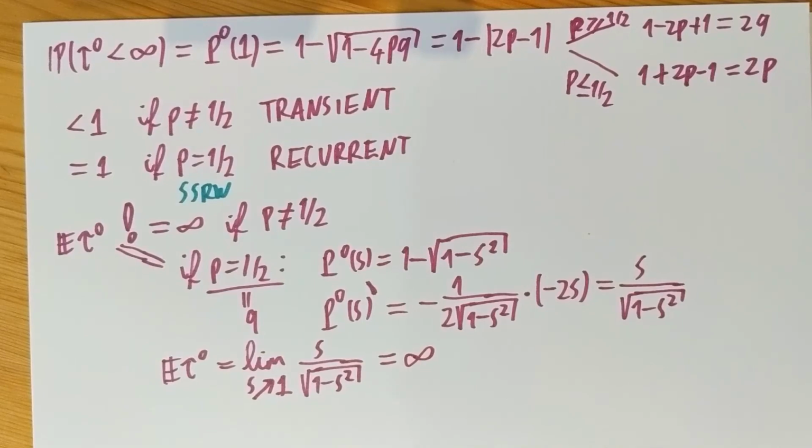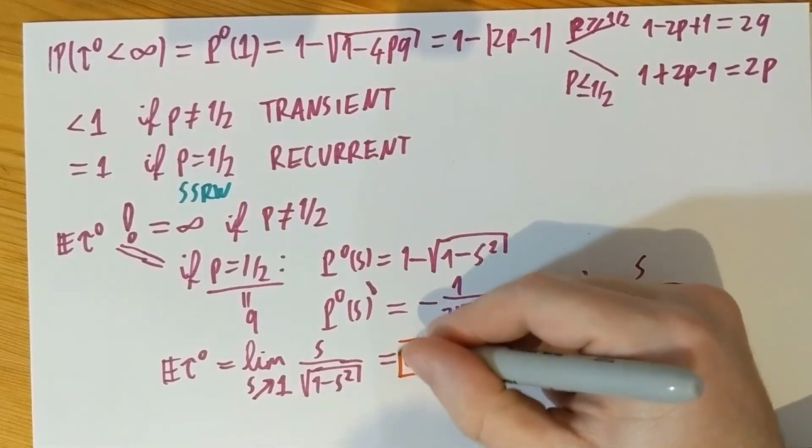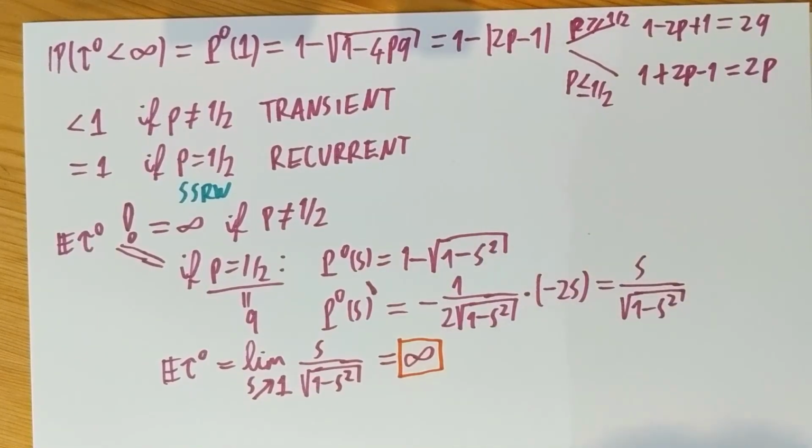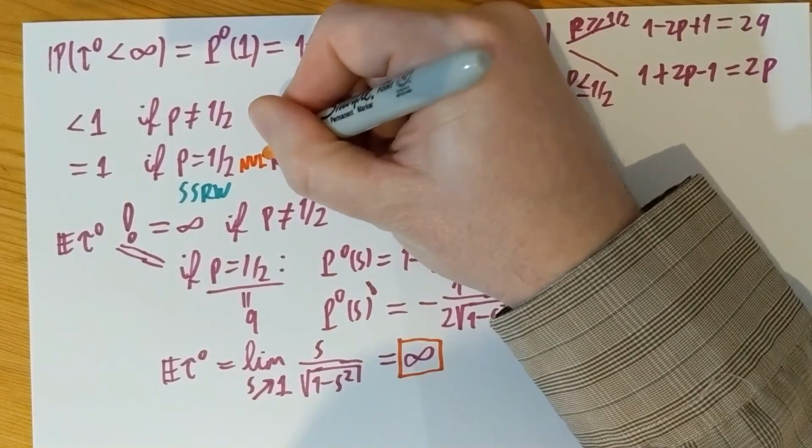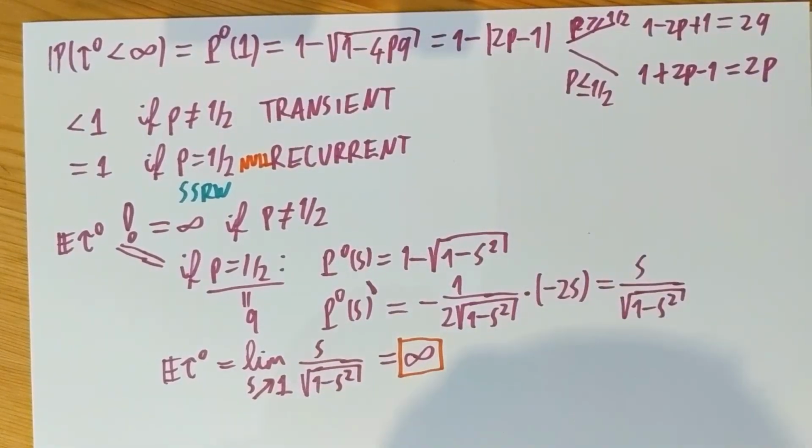And therefore, what we can say is that not only is simple symmetric walk recurrent, it's actually called null recurrent. That's the expression in Markov chain theory. If a process comes back to the origin almost surely, but it takes an infinite expected time, then we call this process null recurrent. Okay? Simple symmetric random walk.